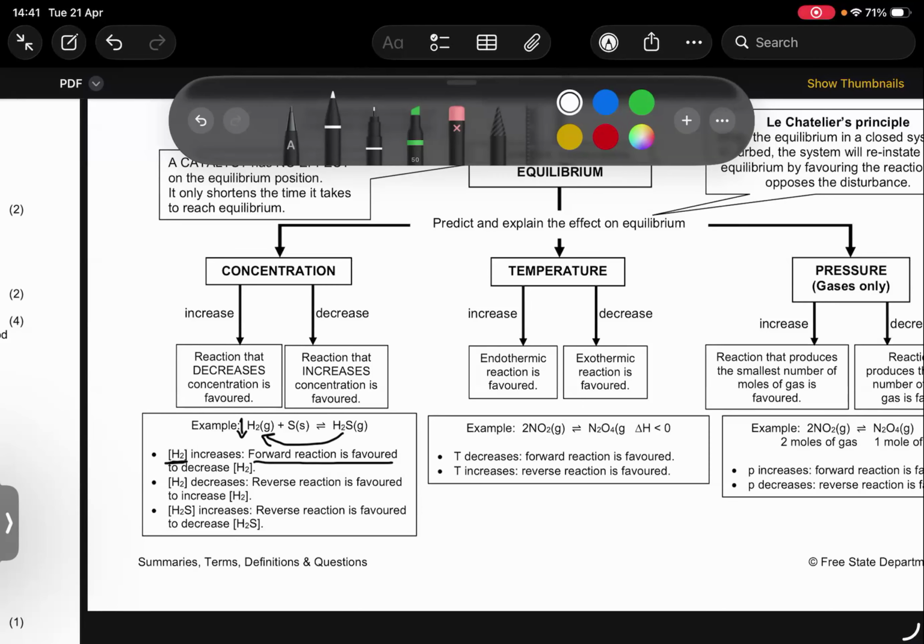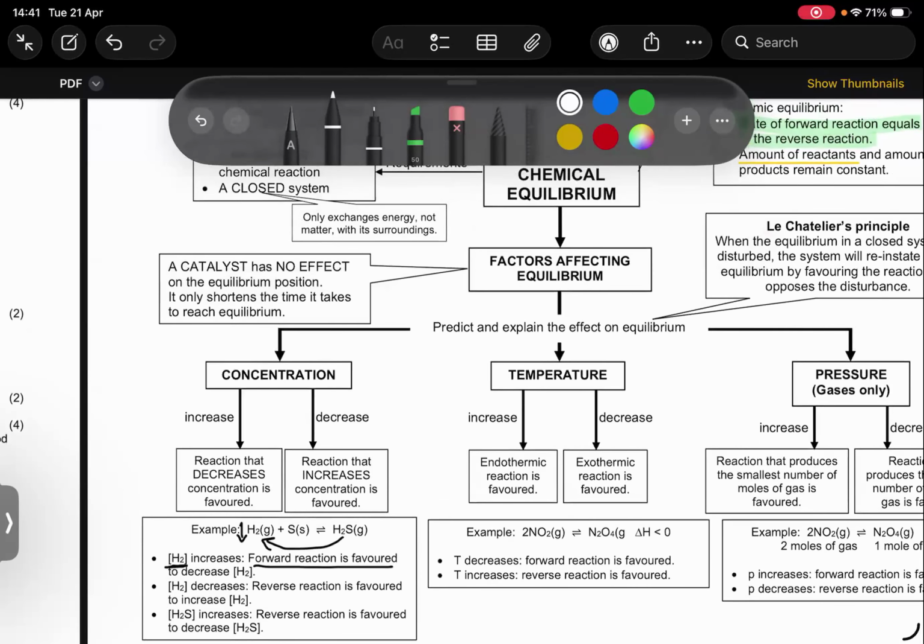So this is the dynamic equilibrium that we are talking about. And that's how the concentration functions in this instance. Right? So this is how you have to understand this, guys.